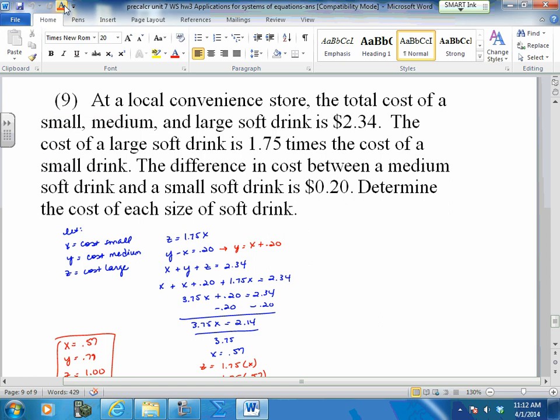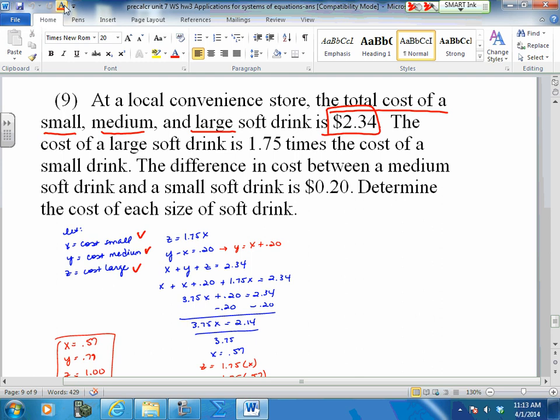Okay, the last one, at a local convenience store, the total cost of getting a small, a medium, and a large drink. Now you have three variables: small, medium, large. The total cost that you're going to pay when you walk up there is $2.34. Each one of your drinks has a different cost. The cost we don't know in this case.